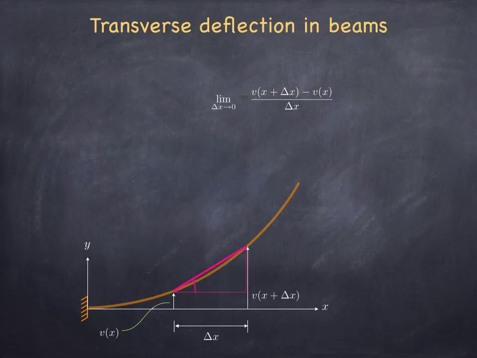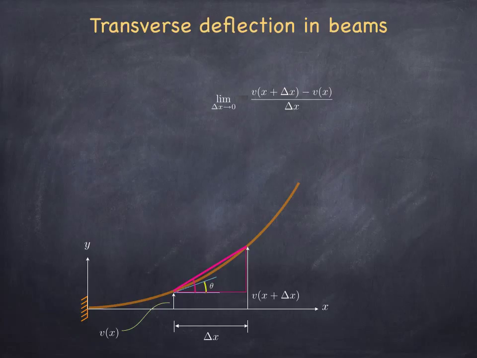I can do that by simply evaluating the ratio of the difference between V at x plus delta x and V(x), and delta x itself. That is now going to give me an angle, or a tangent of the angle, for that secant chord. And as I take the limit as delta x goes to 0, I'll be converging to the tangent line for the neutral plane, which I denoted here as theta.